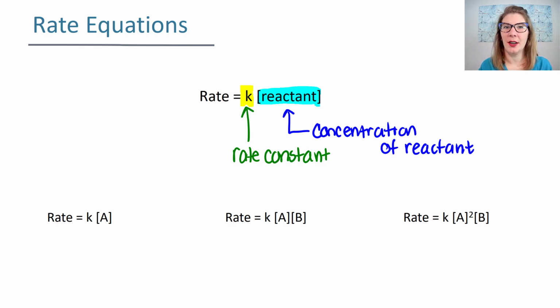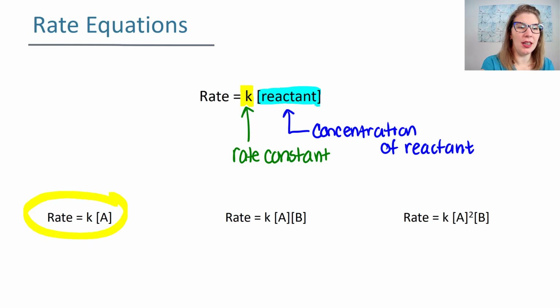If we consider our rate equations or our reactions involving species that we'll call A and B, this first rate equation down here is looking at how just the concentration of A impacts the rate as well as the rate constant. This would be called a first order rate equation.